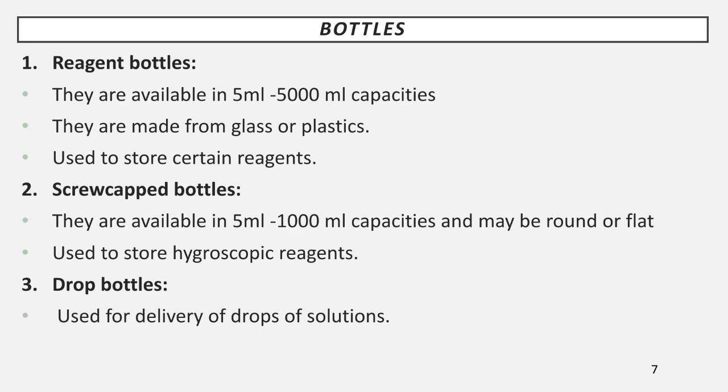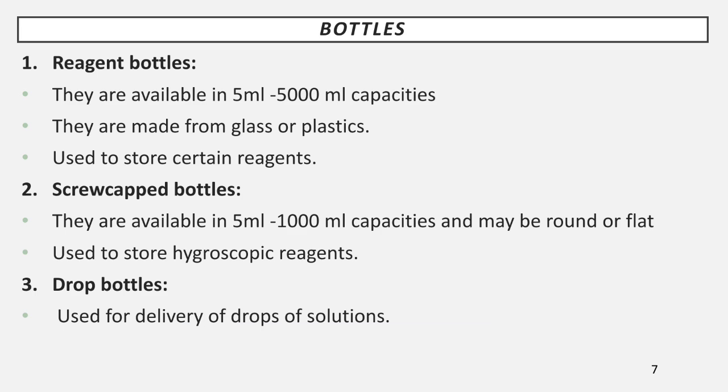And next one is bottles. Different types of bottles are there. One is reagent bottles. They are available in 5 ml to 5000 ml capacity, and are made from glass or plastic. Reagent bottles are used to store different types of reagents. Next, screw capped bottles.